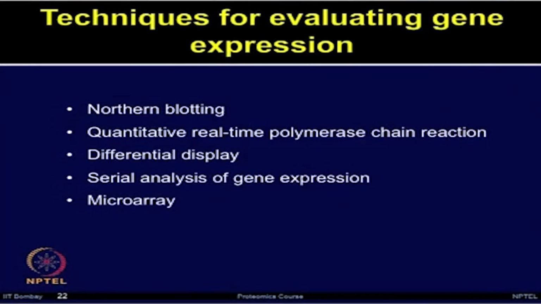There are various techniques which have been used for evaluating gene expression changes, such as Northern blotting, the more traditional method, and some of the newer methods involve quantitative real time polymerase chain reaction, qRT-PCR or qPCR, differential display method, serial analysis of gene expression or SAGE, and microarrays.